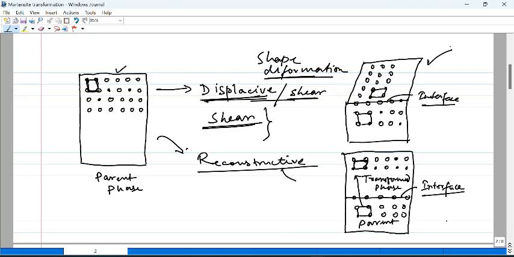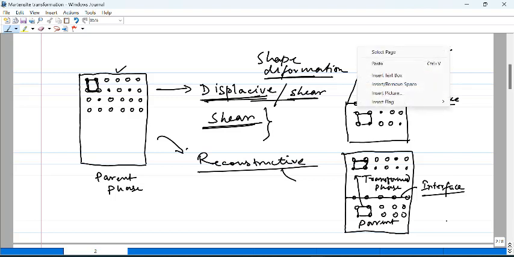So that is why it is called displacive, as if the atoms are getting displaced with respect to their original position as it was in the parent phase. And with the help of this displacement, this coordinated movement, they are able to get arranged into a new pattern corresponding to the crystal structure of the product phase. Okay, that is why it is called displacive.